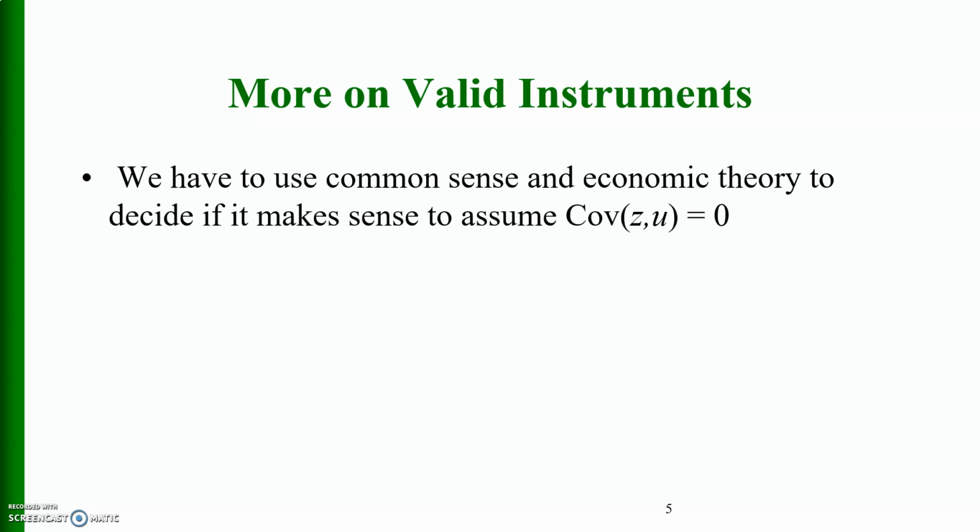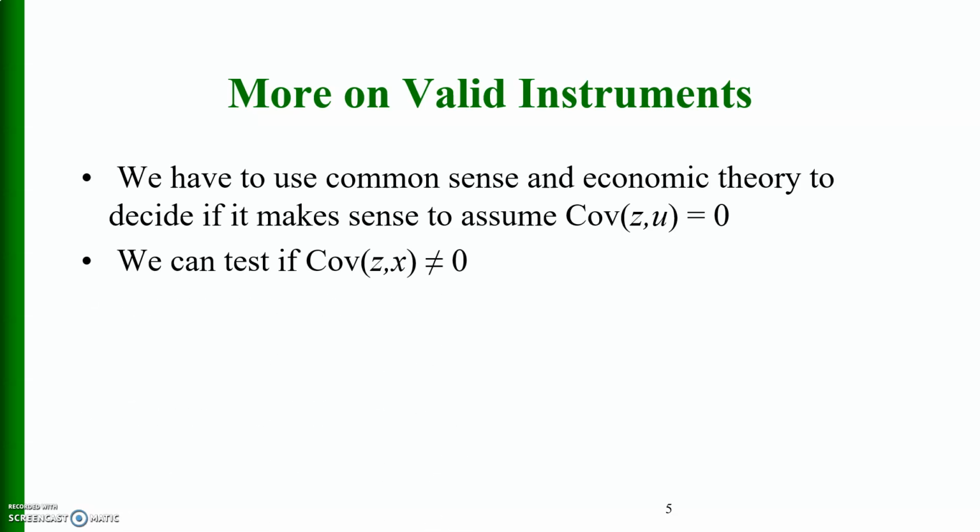In order to choose an instrument, we must use common sense and economic theory to decide if it is sensible to assume that the covariance between z and u is equal to 0.